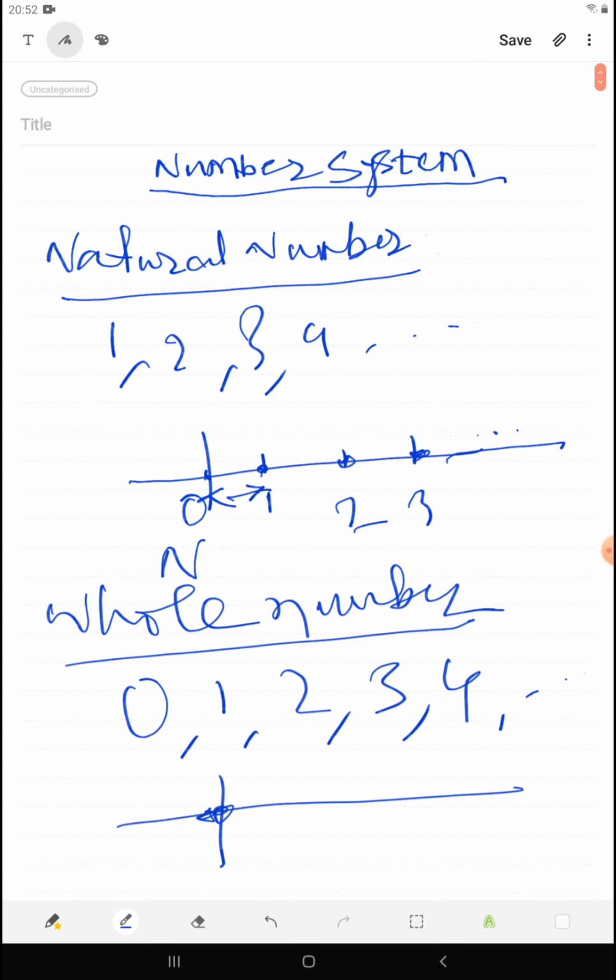That is the main difference between whole numbers and natural numbers. It is represented as W. So this is the only thing, 0. 0 is the one number that is extra from natural numbers. If 0 is there, then it's a whole number. Okay, let's move on.